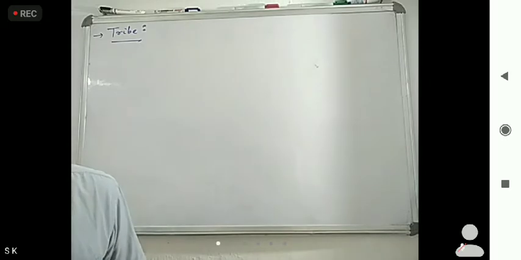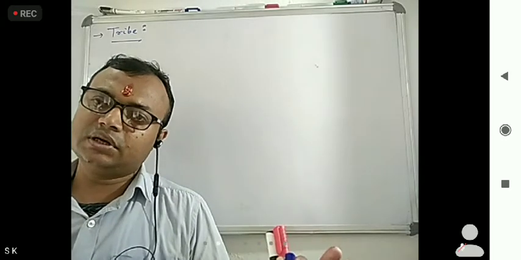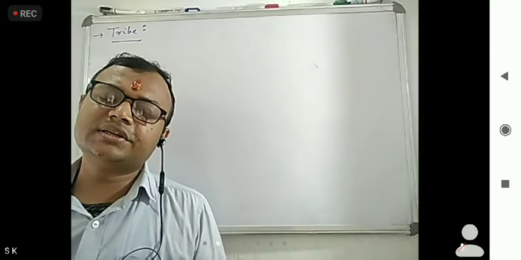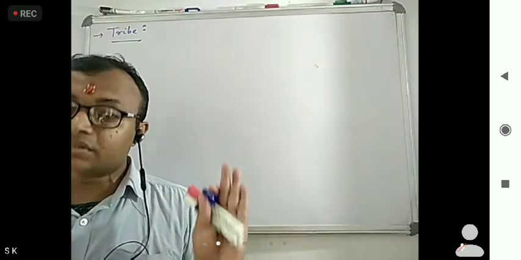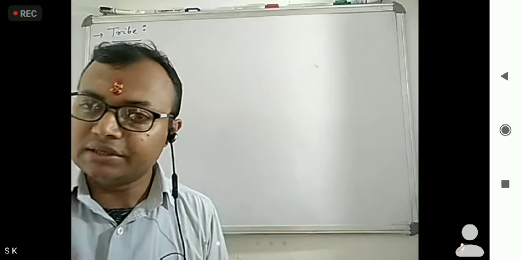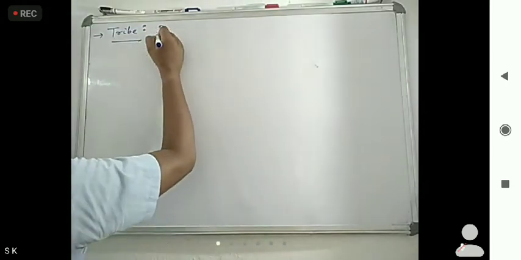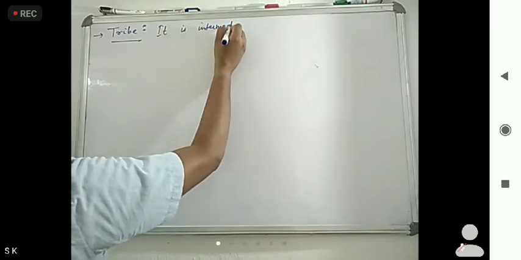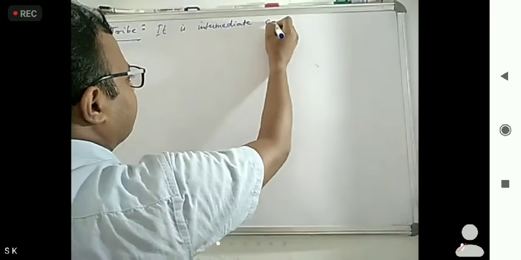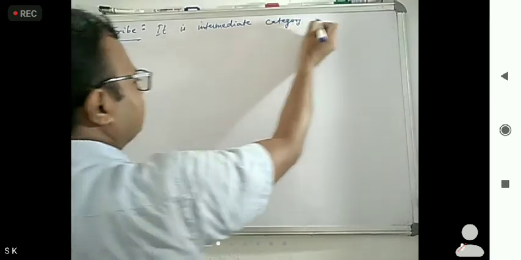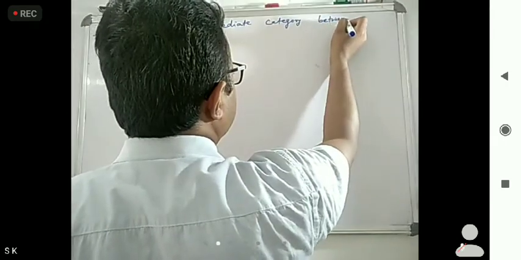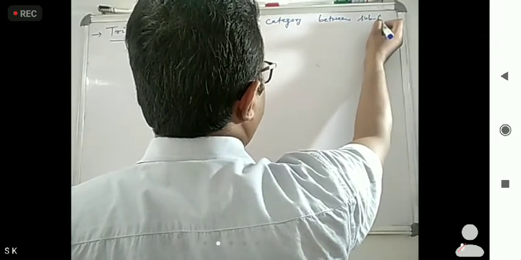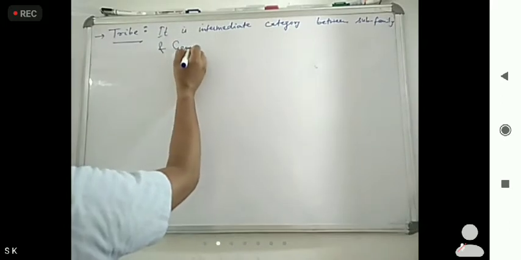Now, what do you mean by tribe? Tribe is an intermediate category between subfamily and genus.